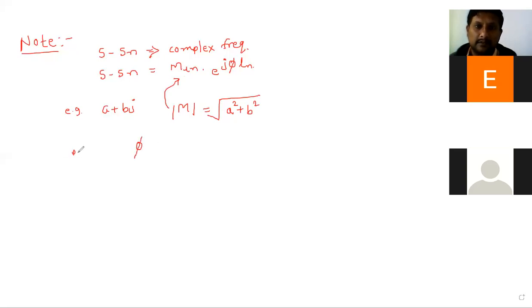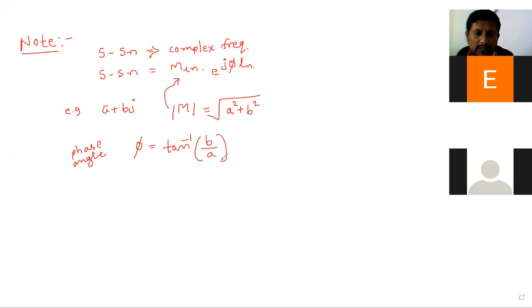Phi is the phase angle. So how can you determine the phase angle? Do you know tan inverse of b divided by a?